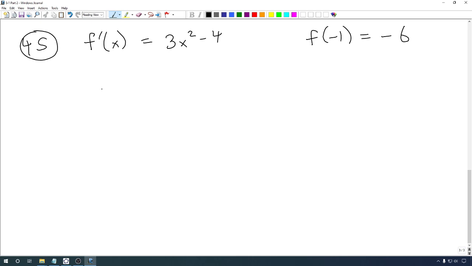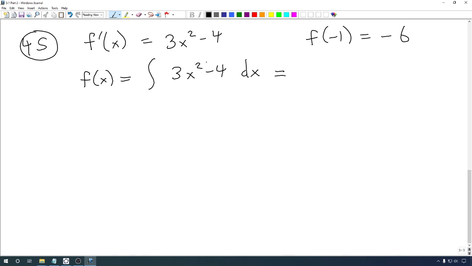Alright, so they're looking for a little f. The first thing we're going to do is integrate. We know what the derivative of f is, so we'll integrate that function in order to get an antiderivative, or the whole family of antiderivatives that little f could be.